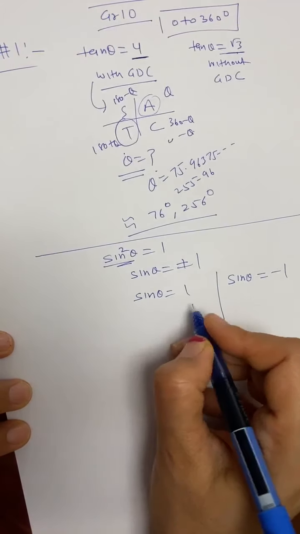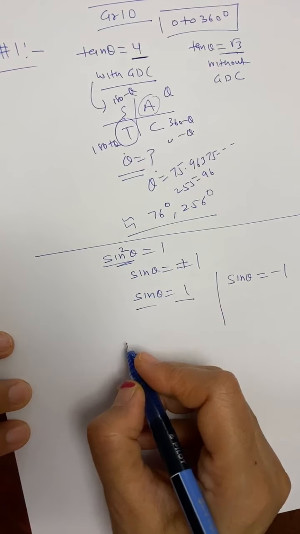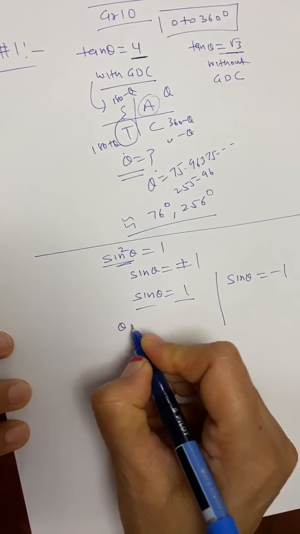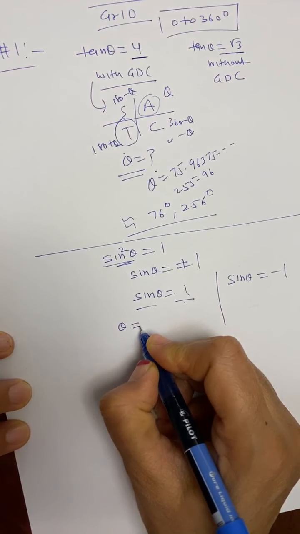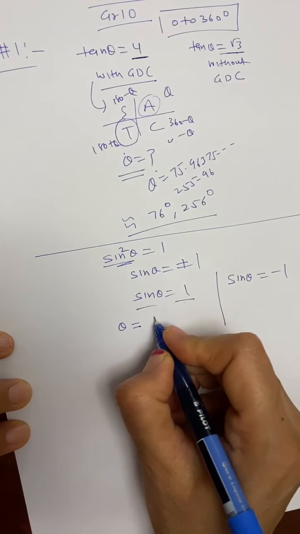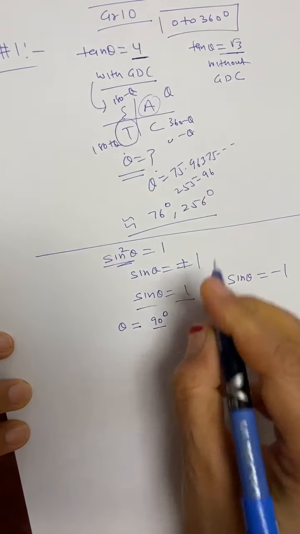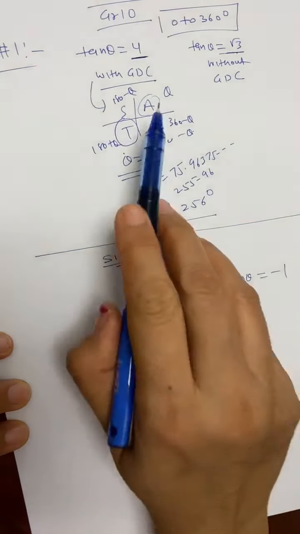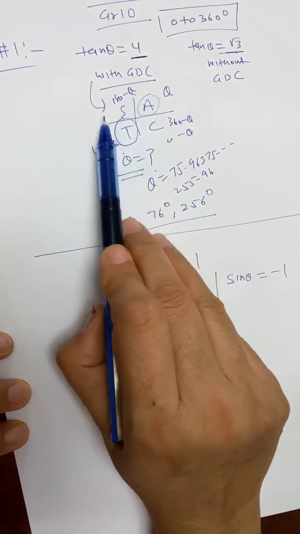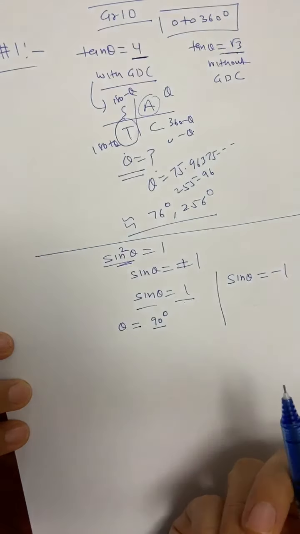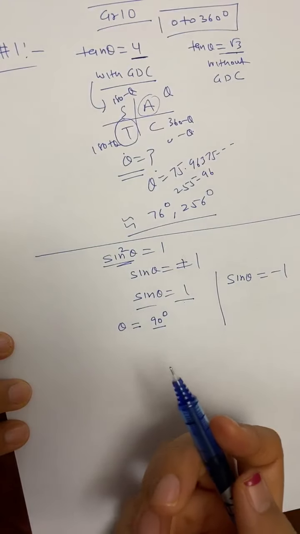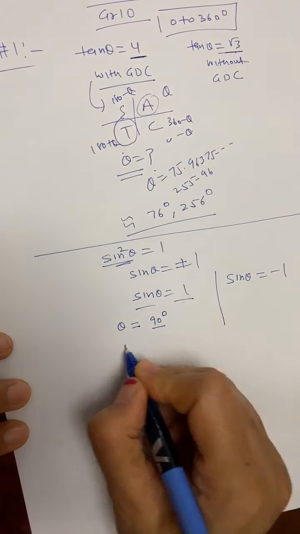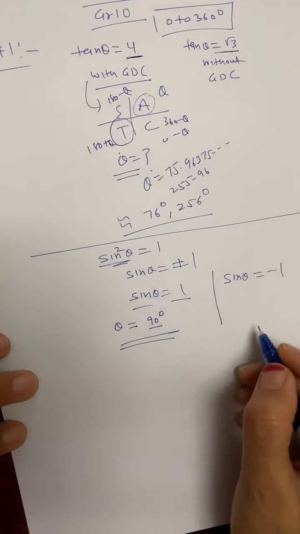For sine theta is 1, from the table, theta is 90, that's your first quadrant, and sine is positive in the first and second quadrant, and in the second quadrant it's 180 minus theta, which is also 90 degrees. That's why I said maximum 2 values. Here it's a repeated value, so theta is 90 degrees.